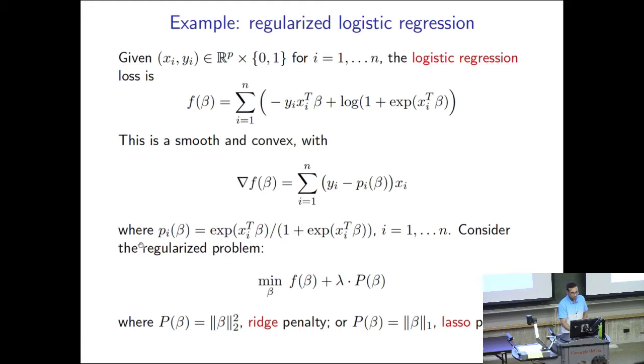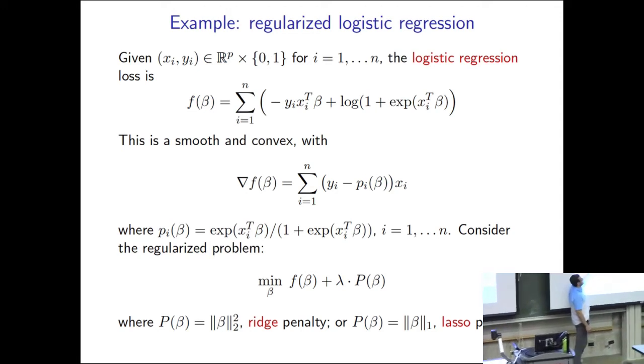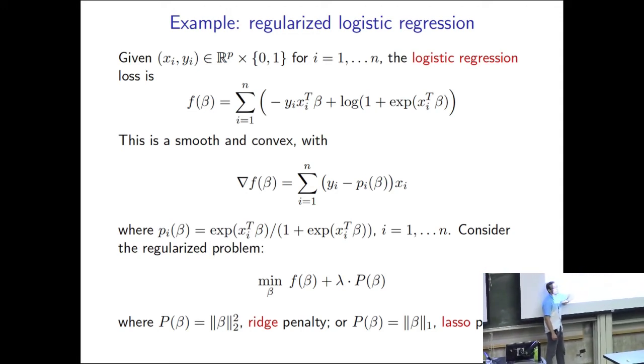So this is the predicted probability, according to the logistic model, of seeing class 1 if the feature was x_i. Okay, so this you could derive just by differentiating that criterion. That's the gradient, just for your reference.